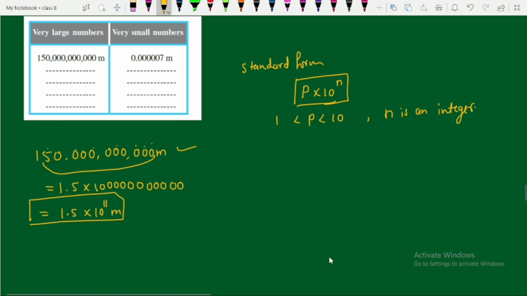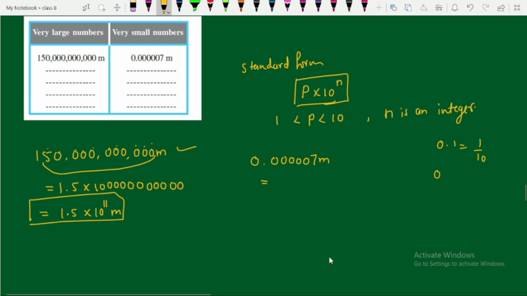So how are we going to write 0.000000 7 meter in standard form? We will write the given number here, 0.00000 with zeros, then 7 meter. You already know 0.1 we can write as 1 by 10.